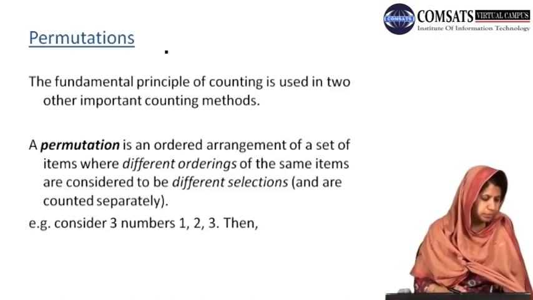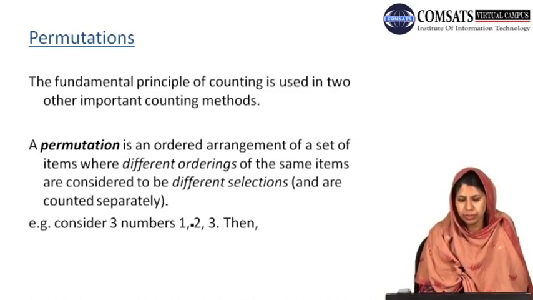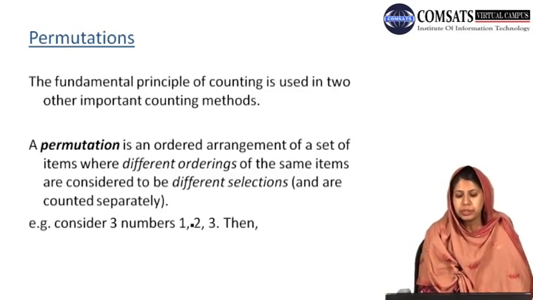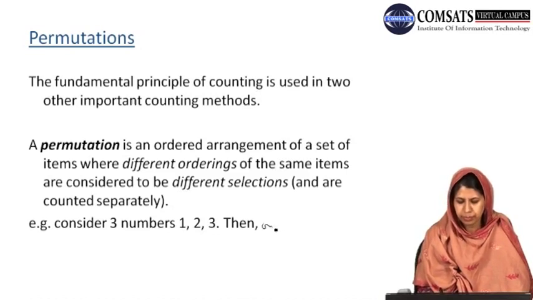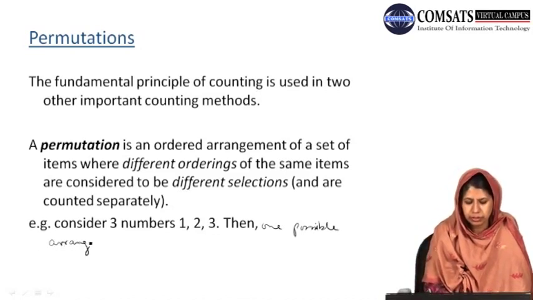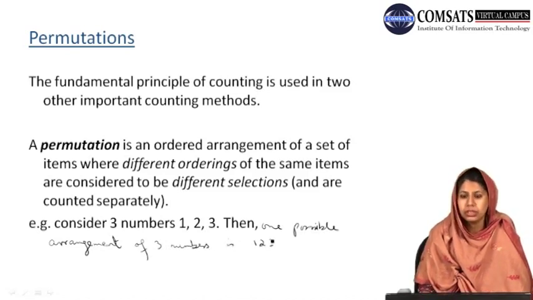For example, we are provided with three numerals 1, 2 and 3. Then one possible arrangement of these three numbers is 1, 2, 3.